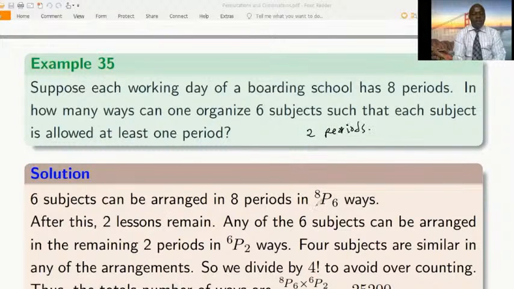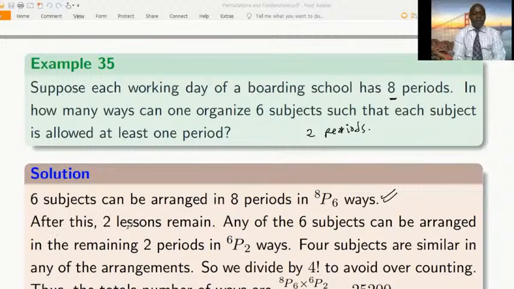Now, let's begin by arranging these 6 subjects in the 8 periods. So the number of ways that 6 subjects can be arranged in 8 periods would be this. This will be the number of ways.